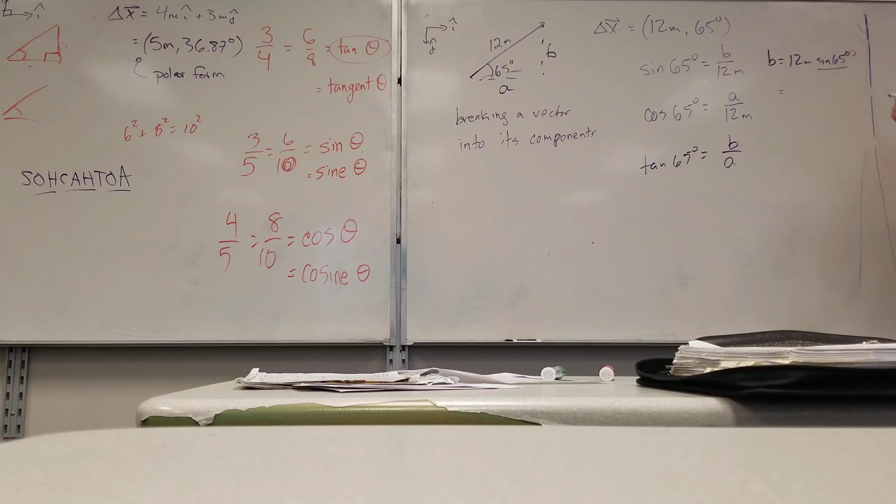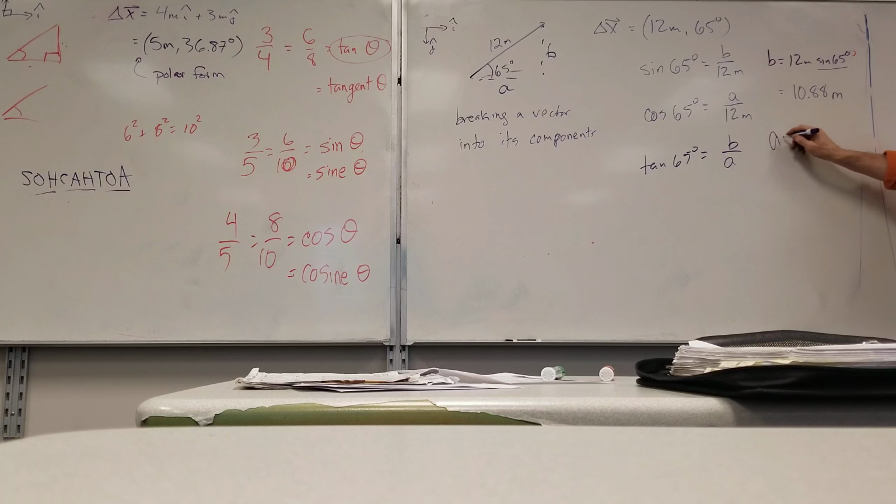So whatever the sine of 65 is times 12, someone would be kind enough. Somewhere around 10.88 degrees. 10.88 what? Degrees. Meters. Yes. Thank you.